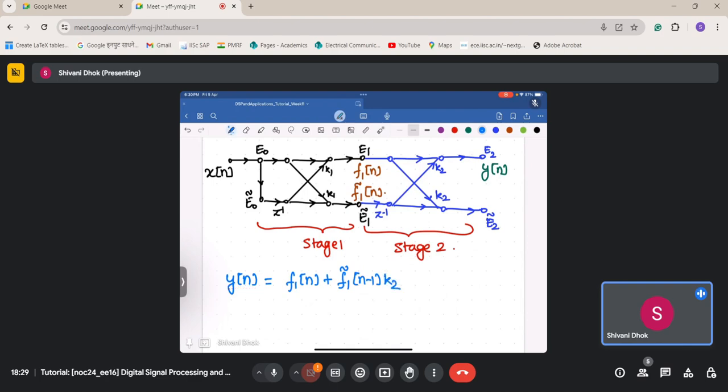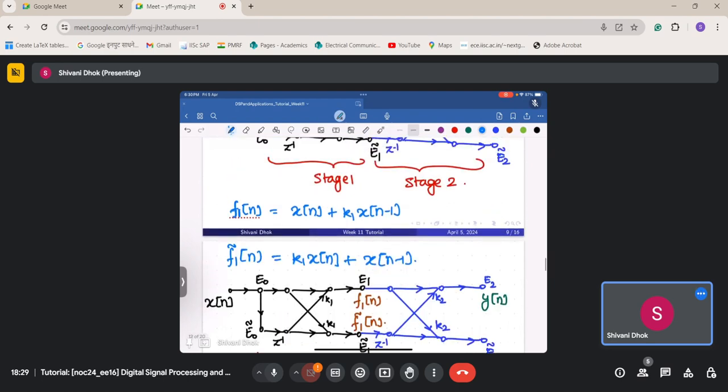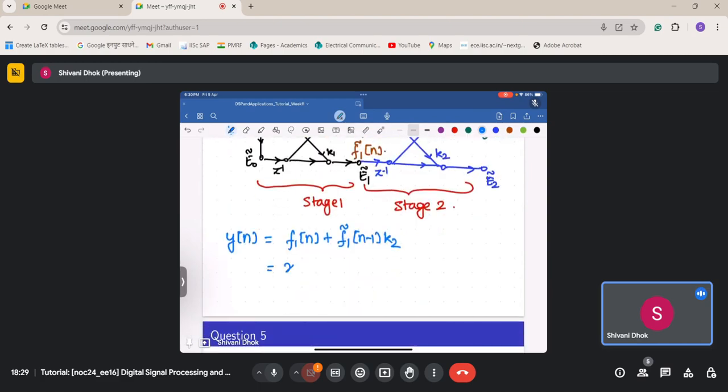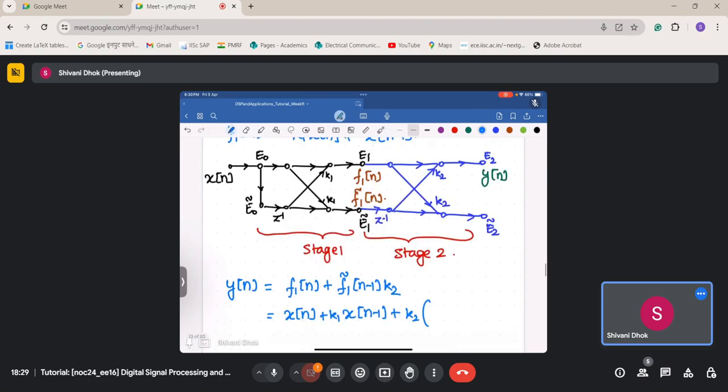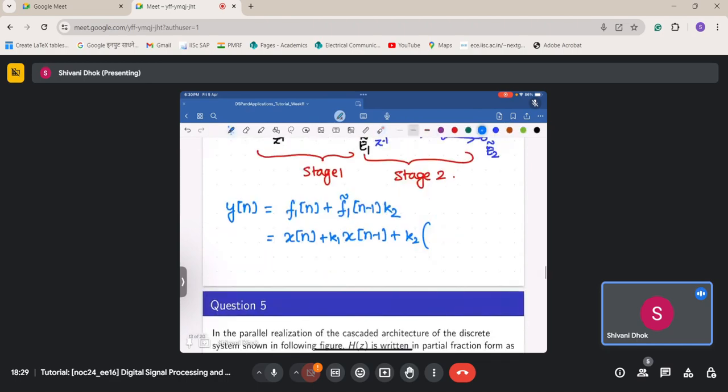Let us substitute f1 of n and f1 tilde of n minus 1. f1 of n is x of n plus k1 into x of n minus 1. Plus k2 multiplied by f1 tilde of n minus 1. We need to delay f1 tilde by 1 unit, so it gives k1 into x of n minus 1 plus x of n minus 2.